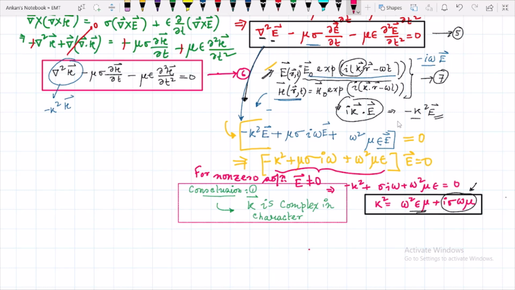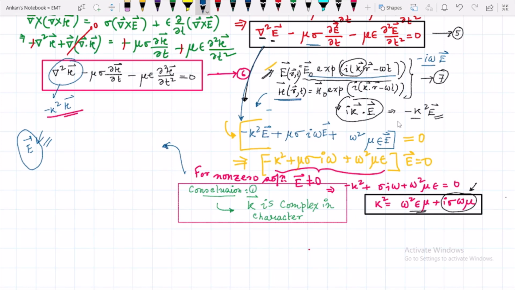By taking H also we can obtain this result, but I am going with the electric field because you know that the electric field is more crucial than the magnetic field in discussing the electromagnetic wave. Why? The light wave may be taken to be the electric vector because all the photographic plate and the experiment involve the electric field vector. Also the sensation of vision is responsible for the electric field only.